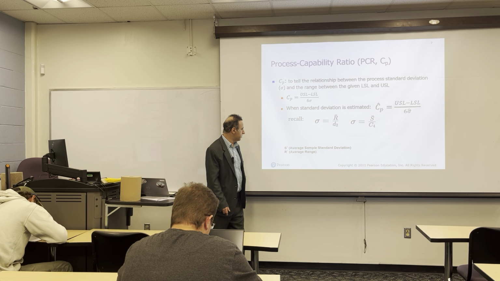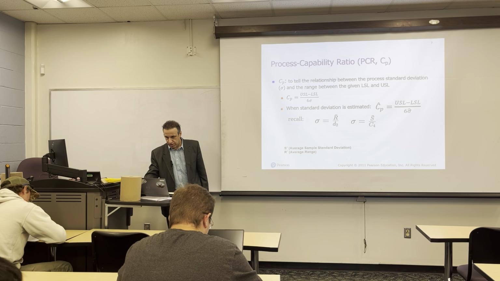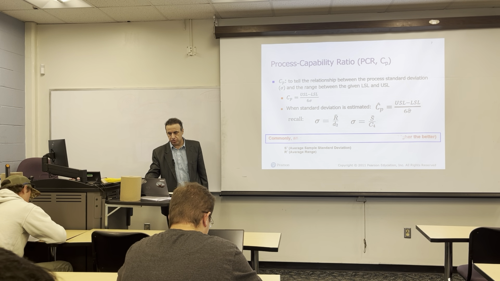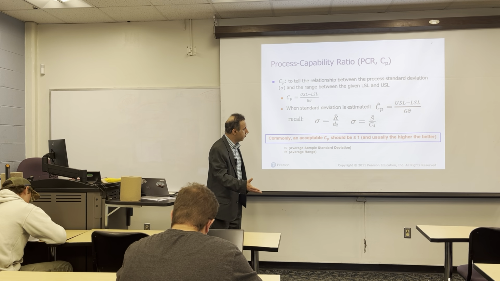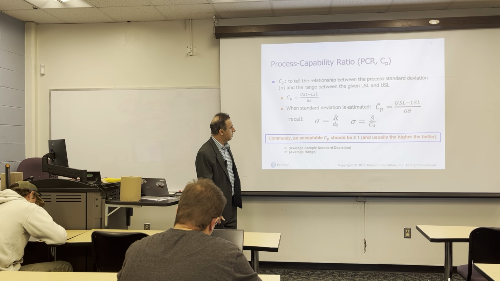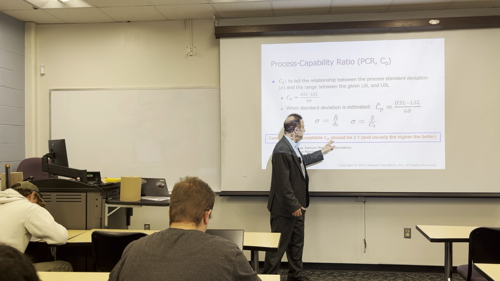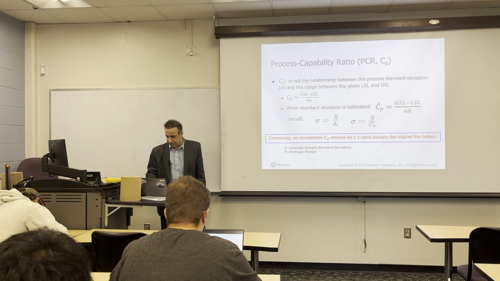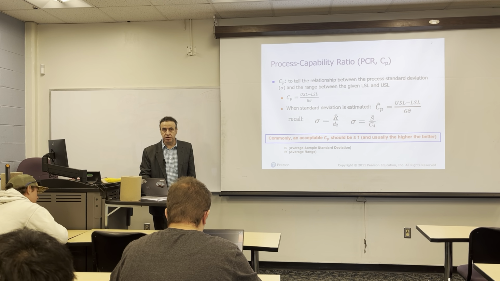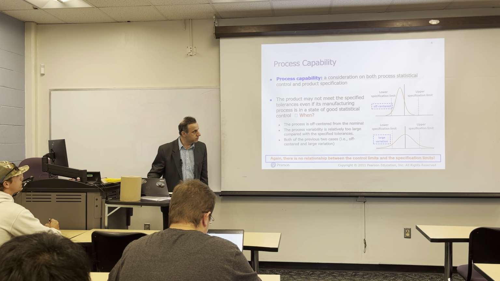Average sample standard deviation, and average range. So an acceptable Cp should be 1 or more. What does it mean if we have Cp more than 1? If Cp is more than 1, let's go back to that chart.